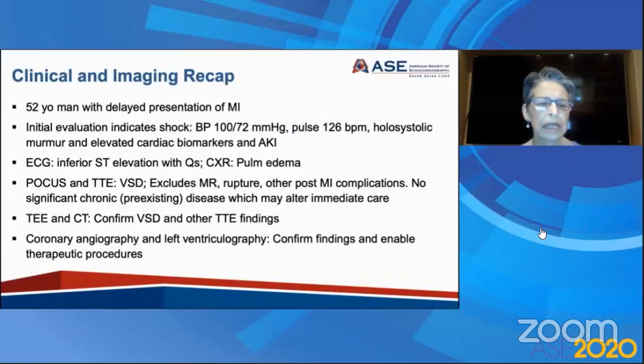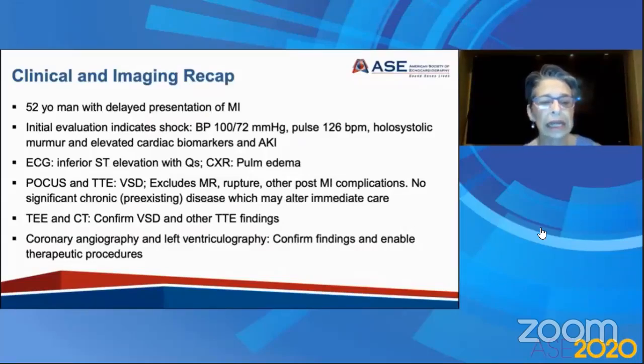The POCUS and TTE show the VSD, and they exclude, very importantly, other structural abnormalities which we need to know about to treat the patient properly: acute MR, free wall rupture, or other post-MI complications. It also excludes, in this case, significant chronic or pre-existing disease which may alter immediate care, such as critical aortic stenosis, which can, of course, coexist with coronary disease.